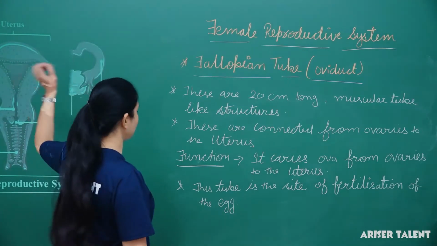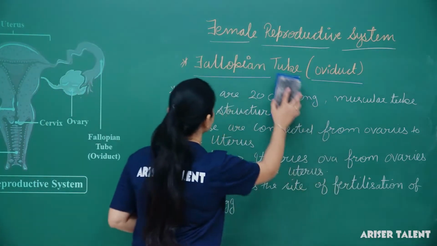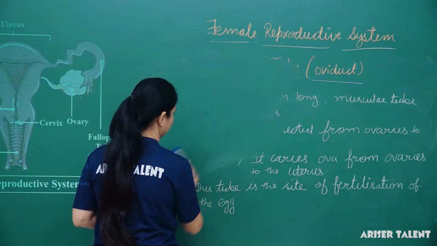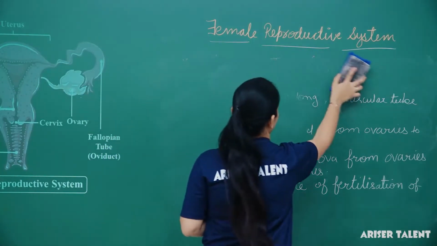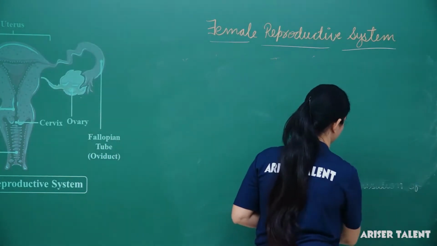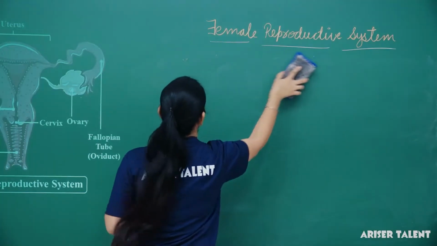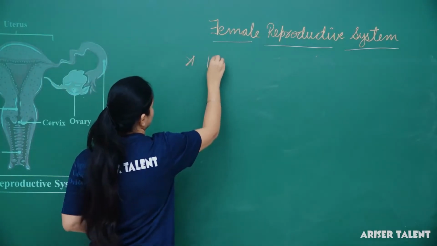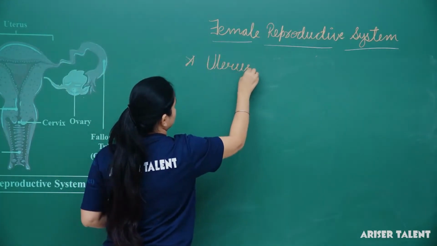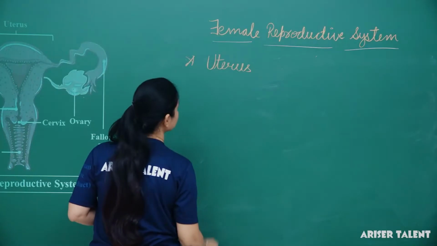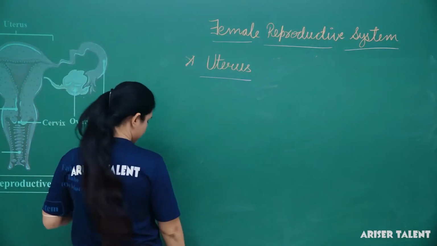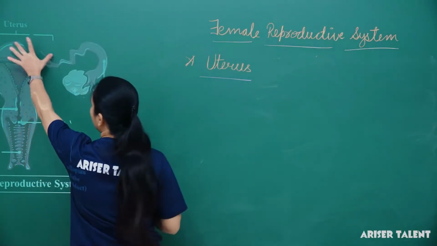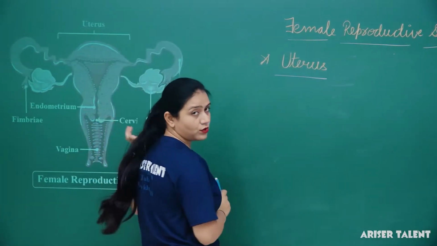Now we will talk about the uterus. Next is the uterus. Here we can see that this complete part is known as the uterus. It is muscular in shape.